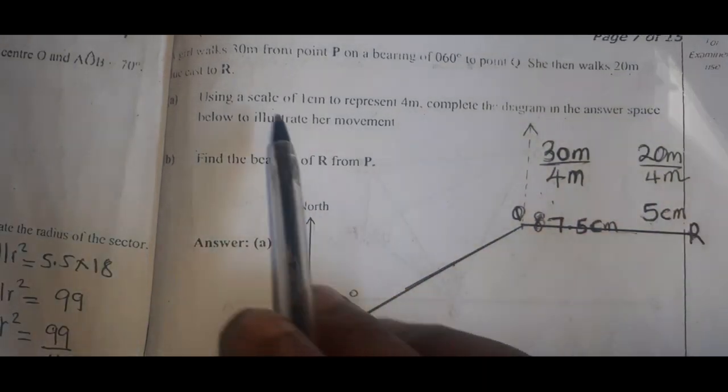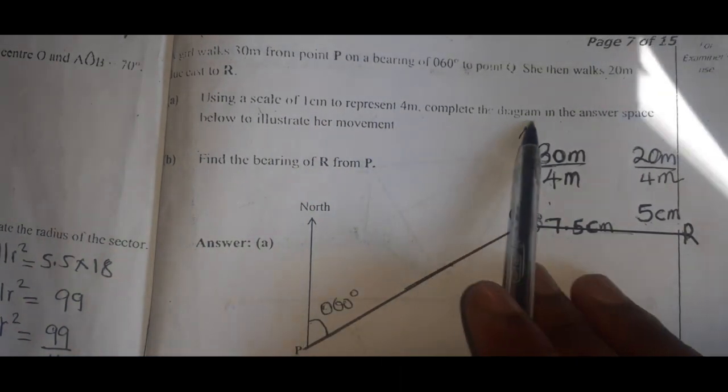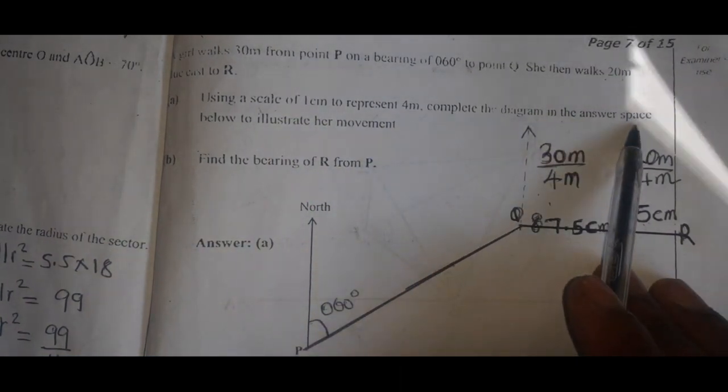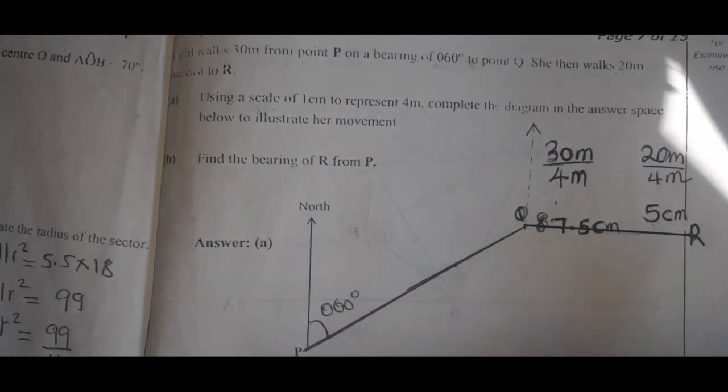Okay, so using a scale of 1 centimeter to represent 4 meters, complete the diagram in the answer space below to illustrate her movement. So this is what is there.